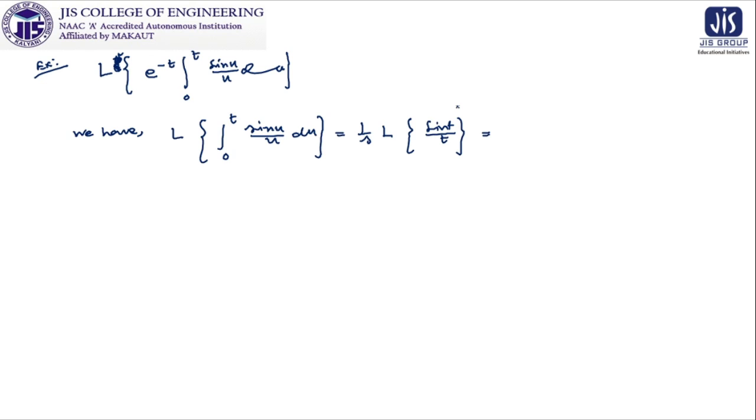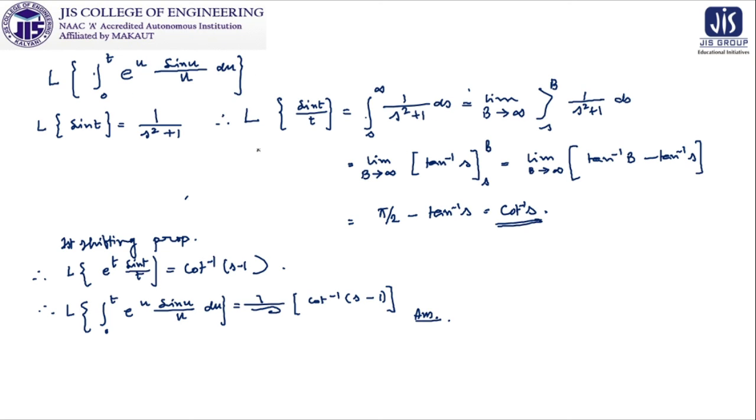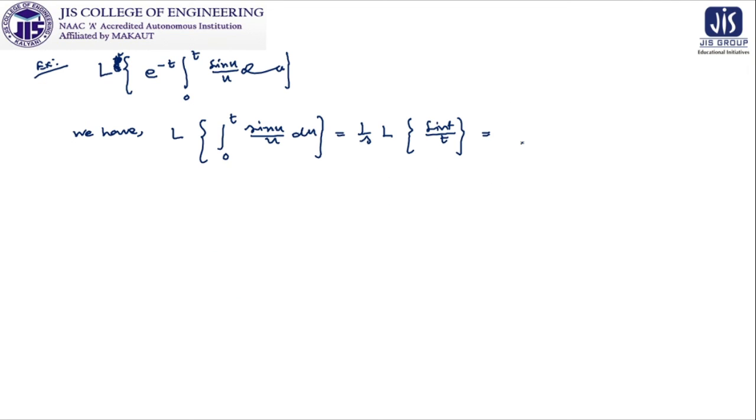In the previous problem, we can go to the last slide, the Laplace transform of sin t by t is cot inverse s. We have already done that, so we can write it here as 1 by s cot inverse s. But our requirement for this problem is a little different. What is that? We can now use the first shifting property.